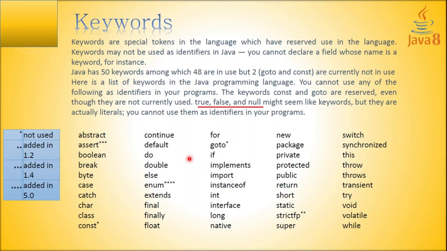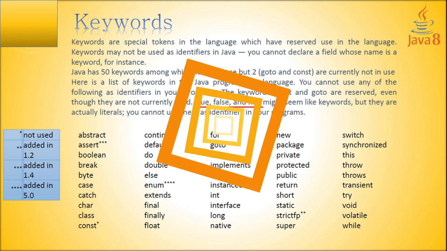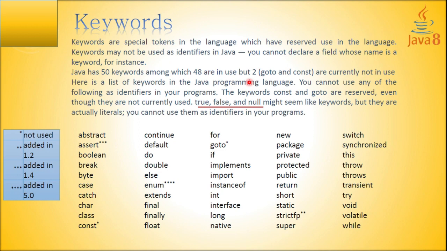Now there is a big question for you. See this, goto and const. Nowadays they are not keywords, but they are simply reserved. That does not mean that I can use these words for some other purpose. They are still reserved. You cannot use these two words for any other purpose. So the question is, are all keywords reserved words or not?